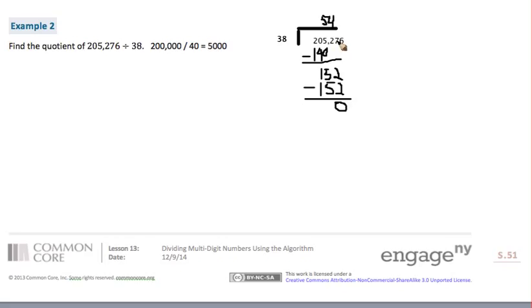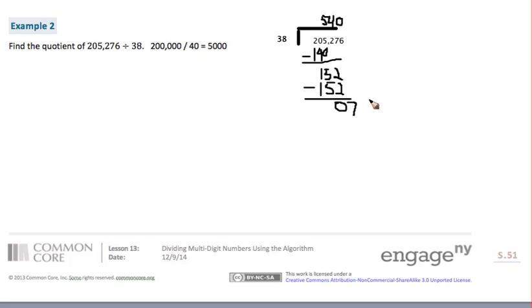So we still have to bring down the rest of the number 1 digit at a time. When I bring down the 7 and I check, 38 does not go into 7. So up in our quotient, we need to put a 0 to hold that place.